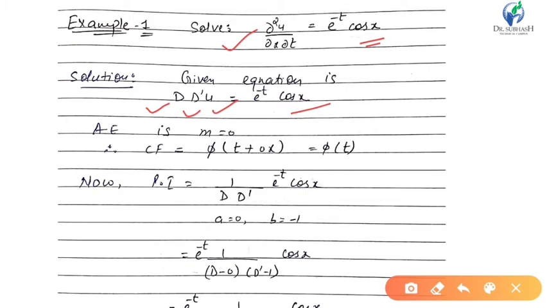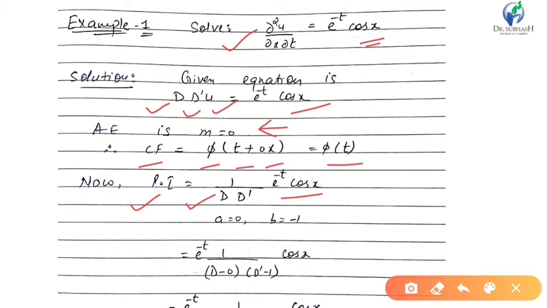The auxiliary equation will be m equal to 0, so CF will be phi of t plus 0x, which is equal to phi of t. Now for PI, I will write 1 upon D dash, and the RHS portion will be as it is.